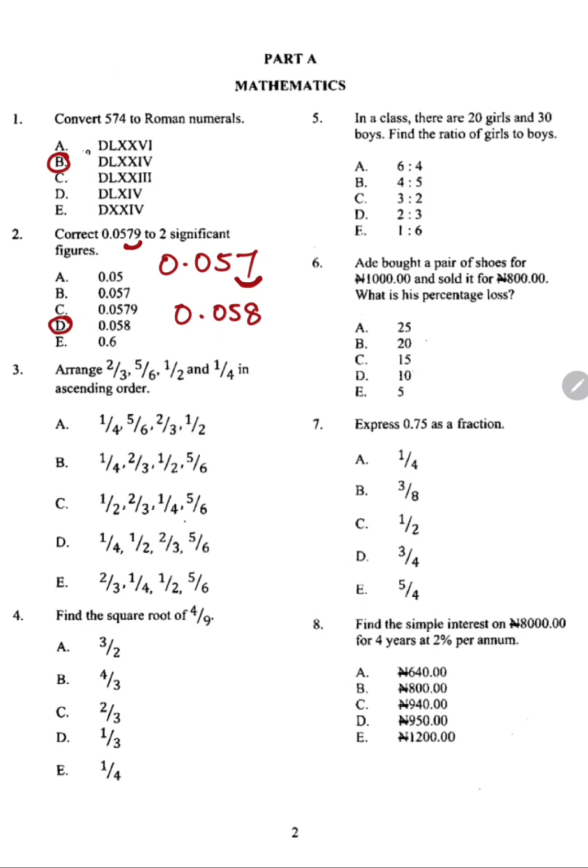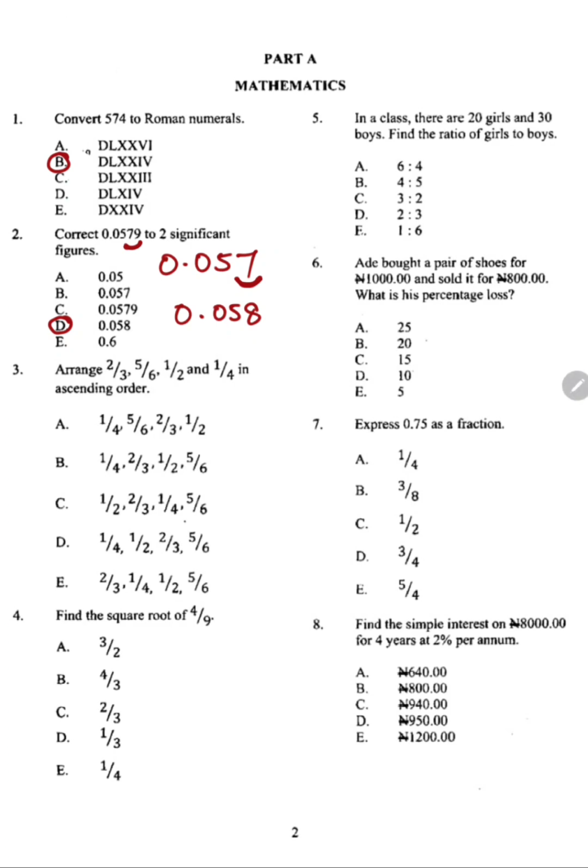Okay. So now we move to the third one. The third one says arrange 2/3, 5/6, 1/2, and 1/4 in ascending order. Ascending order means from small to big, starting from the smallest to the biggest, to the greatest. And for that, I don't have enough space, so I'm going to do it up here.